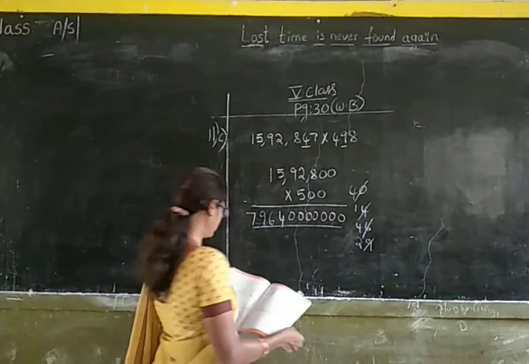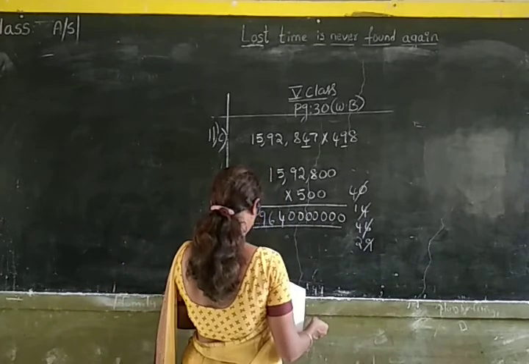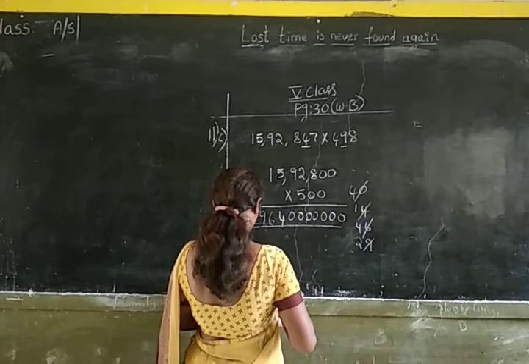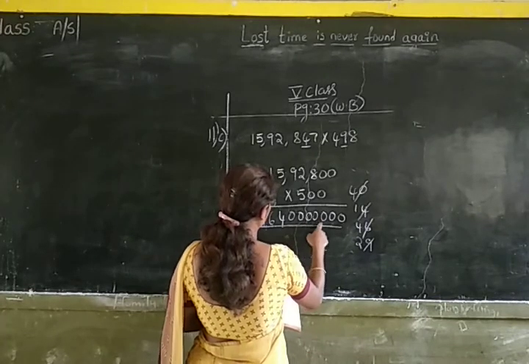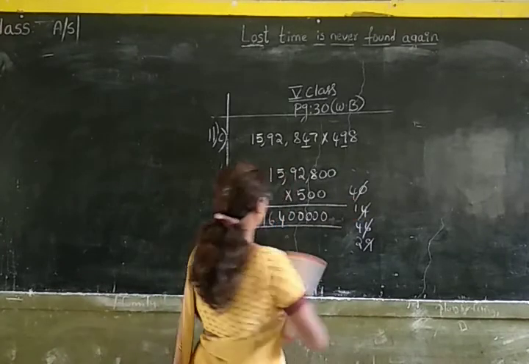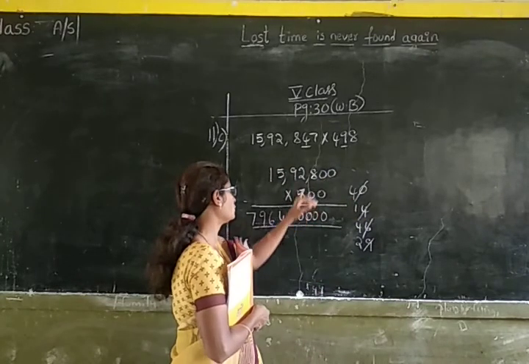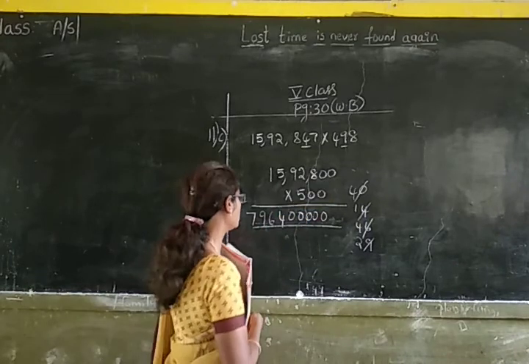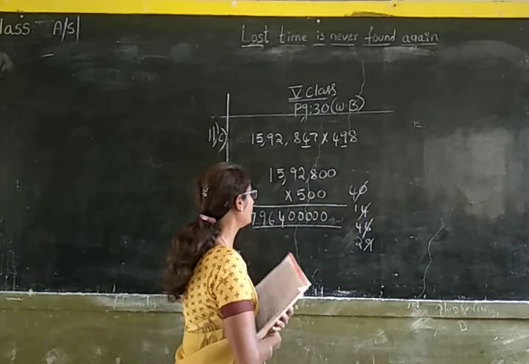Okay children, so this is the answer. Wait children, here I have kept 2 more zeros extra. Already I have placed the zeros, so no need of multiplying the number with this one. Okay, this is the answer.